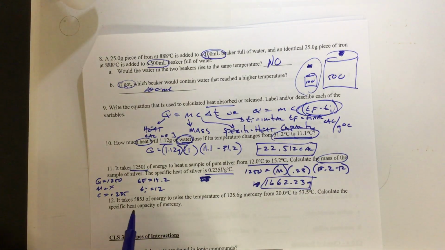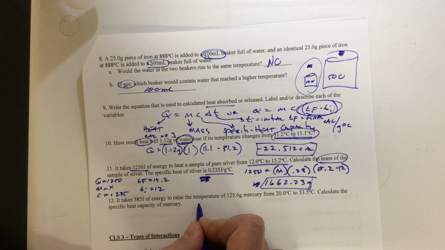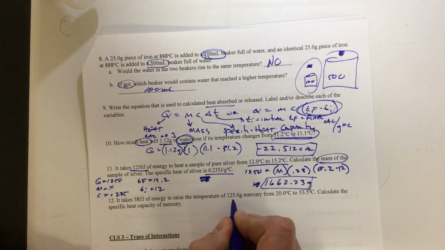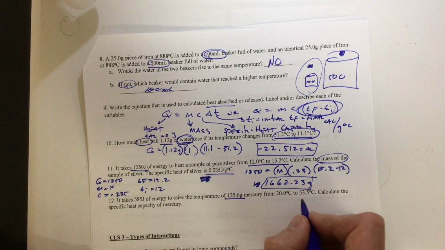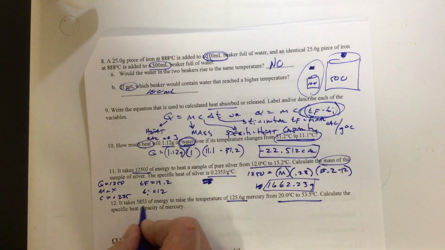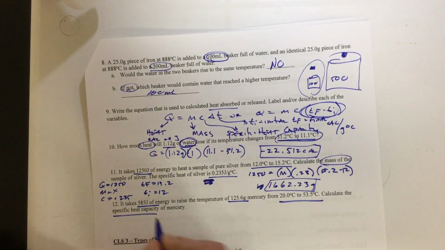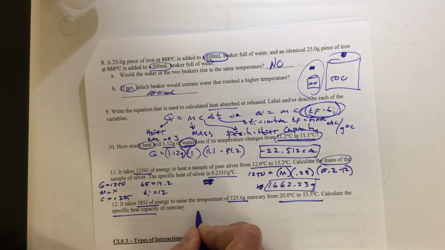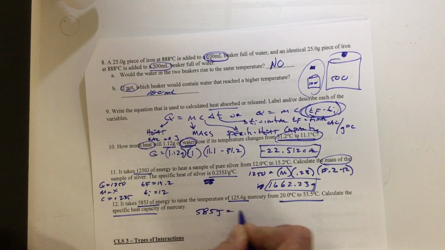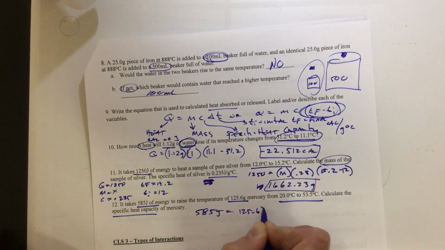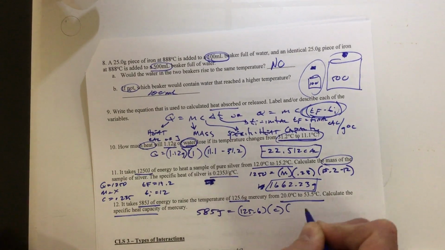Okay, moving on to this last one, I've got 125.6 grams. Temperature final, temperature initial. I have that just for my energy. It's solving for specific heat. So again, I have my heat. I have my mass. I'm solving for my specific heat.